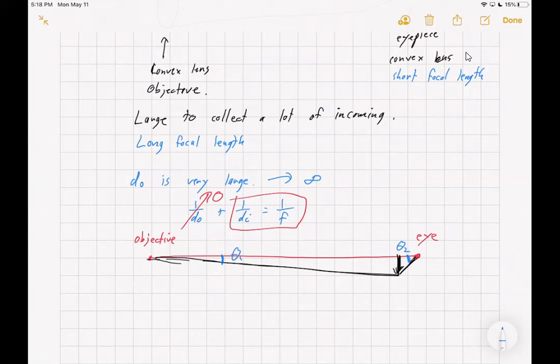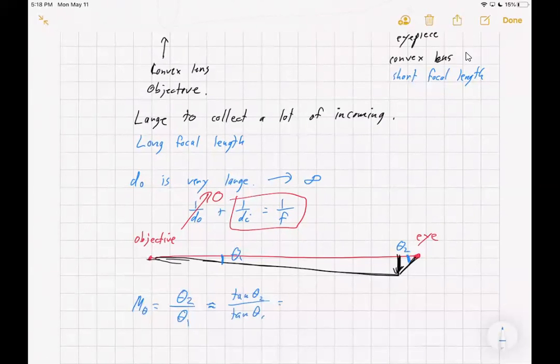And it turns out that based on these two triangles, because we're talking about small angles, the angular magnification is basically theta 2 over theta 1. When we're talking about small angles, we can look at the similar triangles here. We can say that this is approximately equal to the tangent of theta 2 over the tangent of theta 1.